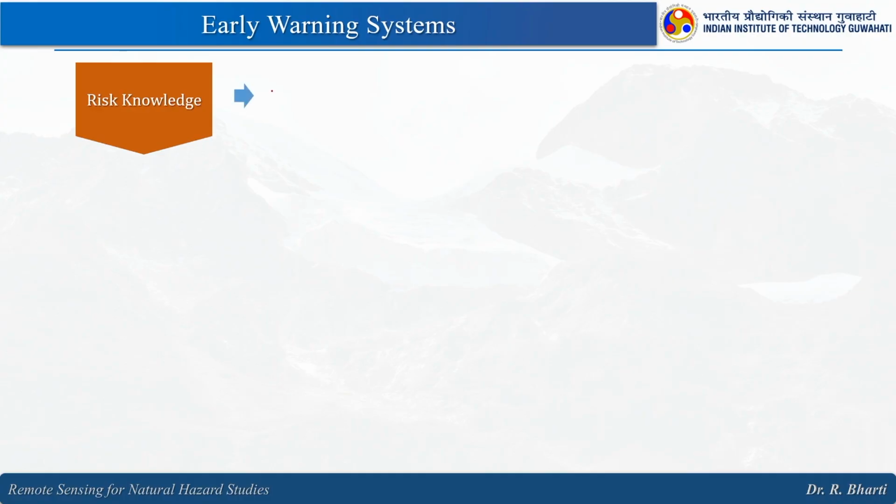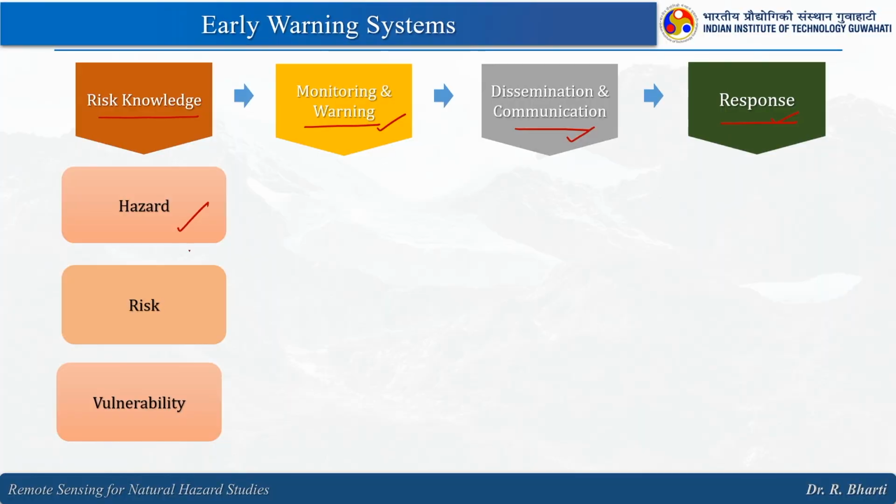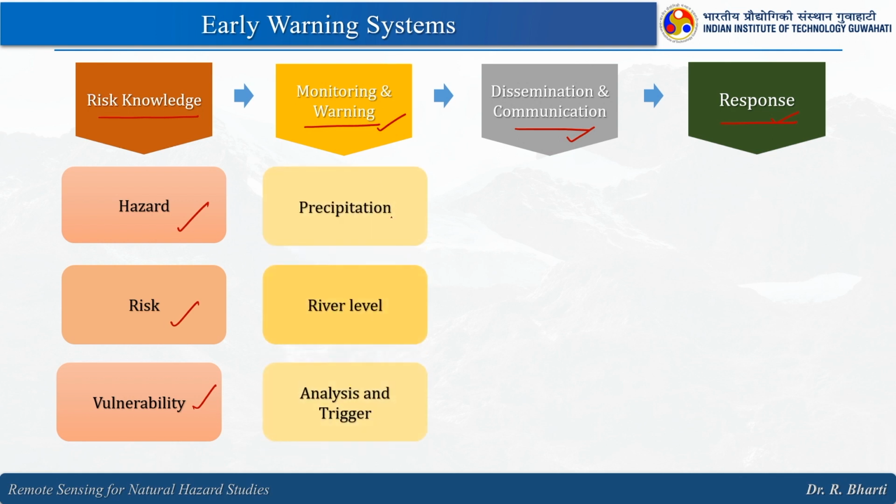When we talk about the early warning system, it has 4 major criteria. The first one is the risk knowledge, then we have monitoring and warning, then dissemination and communication of the alert, and then response from the governance. When we talk about risk knowledge, hazard, risk and vulnerability are studied. In monitoring and warning, precipitation, river level, then analysis and triggering factors are studied.